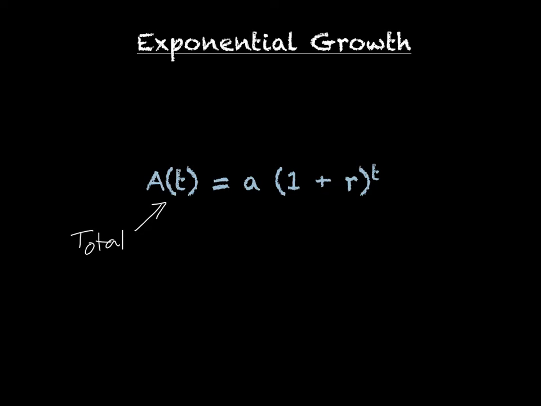The lowercase a is going to indicate your initial amount, or wherever you started in your population or your amount of money or whatever. And then your r, lowercase r, is going to be the rate of increase.